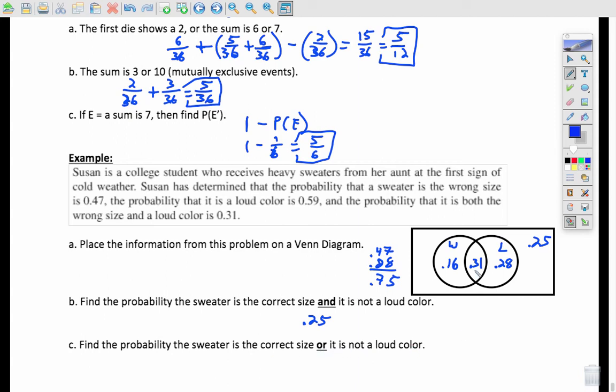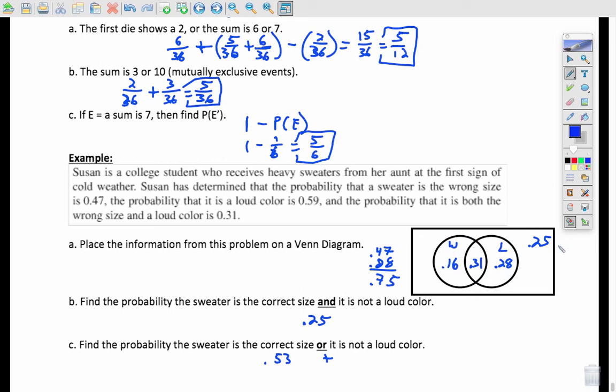I have to find the probability that the sweater is the correct size or it is not a loud color. Okay, so the probability that it is the correct size is everything outside of W. Well, that's not just the 0.25, but it's also this in L alone. So the probability that it is the correct size is 0.53.